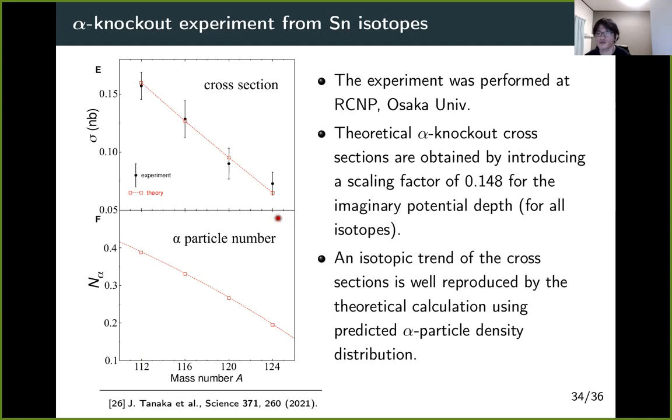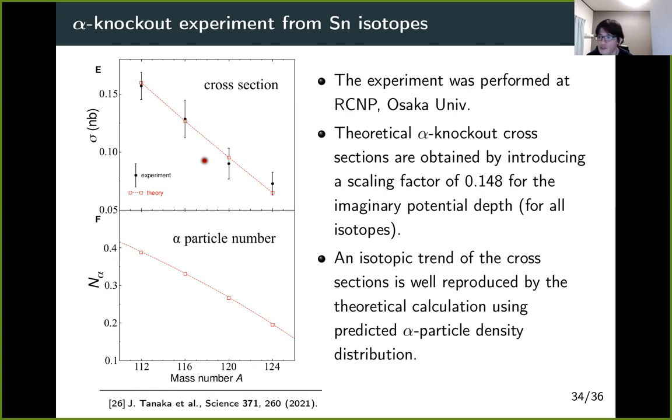An important thing I have to mention is that this knockout cross-section is obtained by introducing a scaling factor of 0.148, or 0.15, for the imaginary part of the scattering potential of alpha. So in that sense, this line is scaled to fit the experimental data.